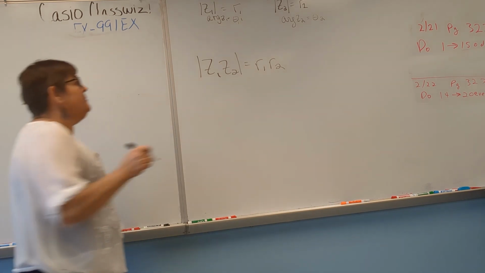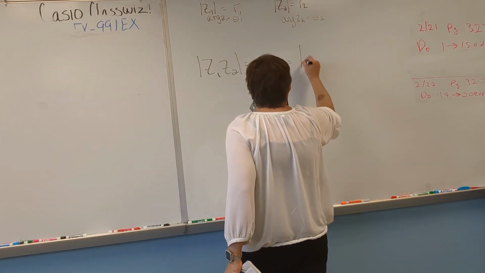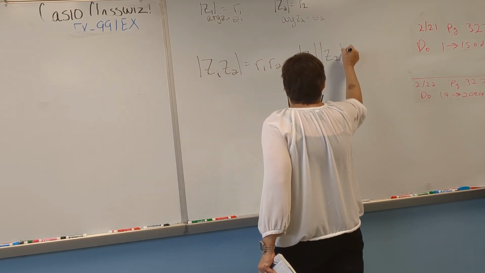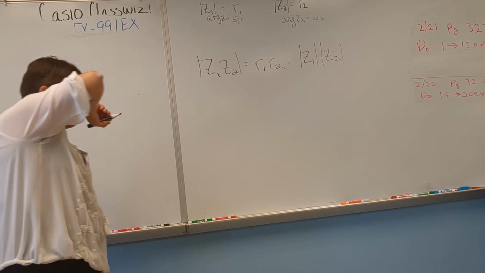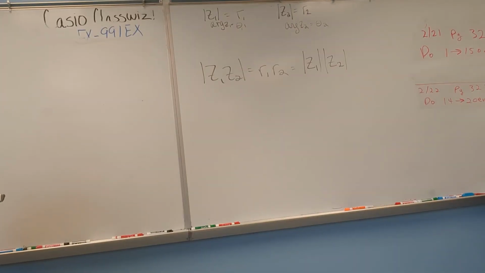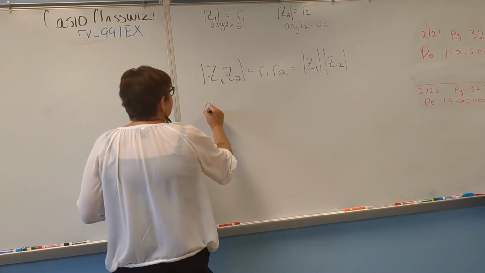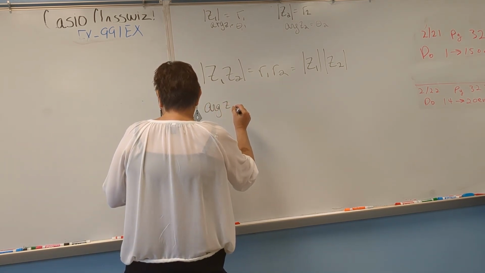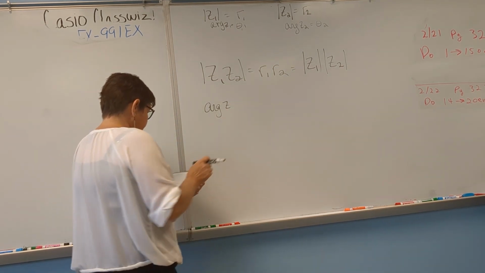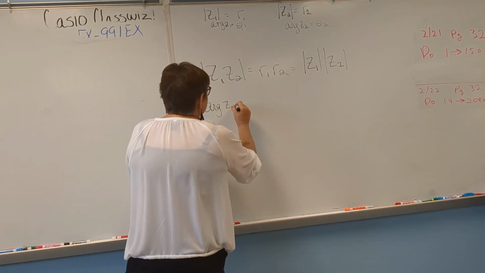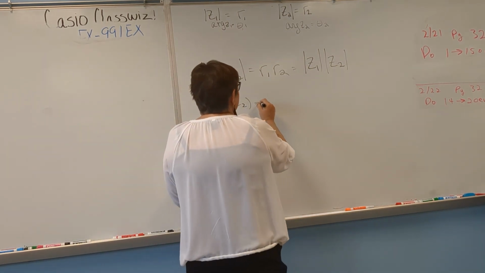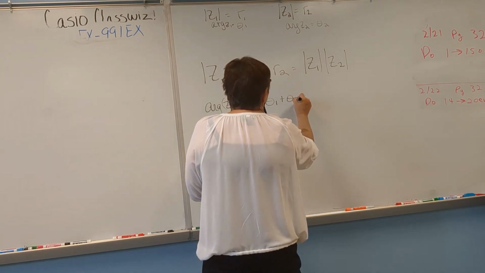But that can be broken up into the modulus of the first guy times the modulus of the second guy. And the same thing with arg. If I'm looking for the arg of the two multiplied together, then it's going to be theta 1 plus theta 2.